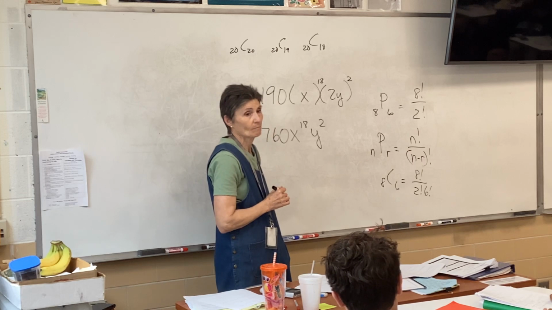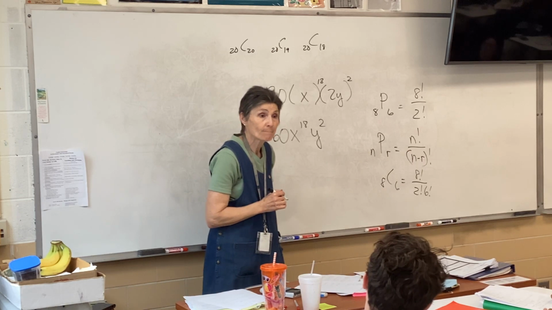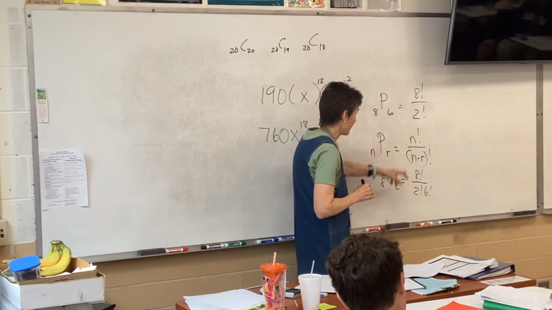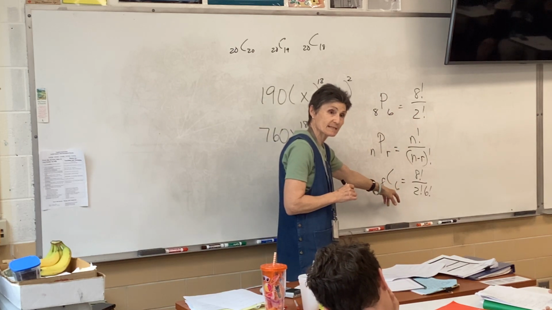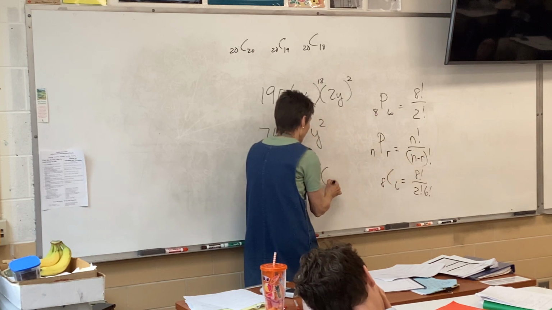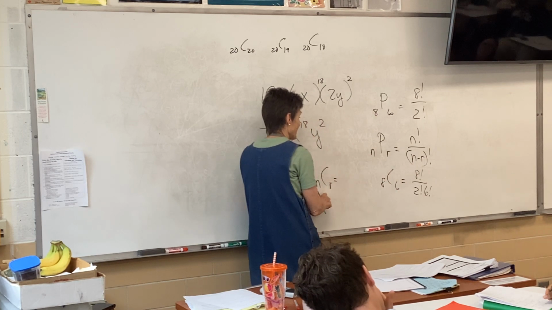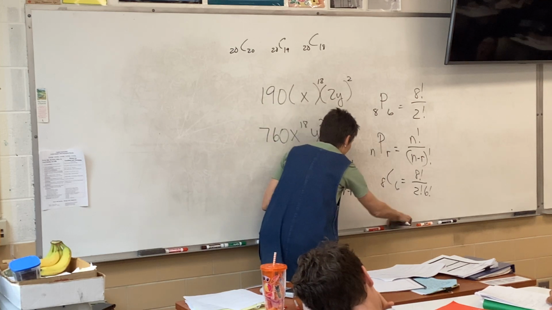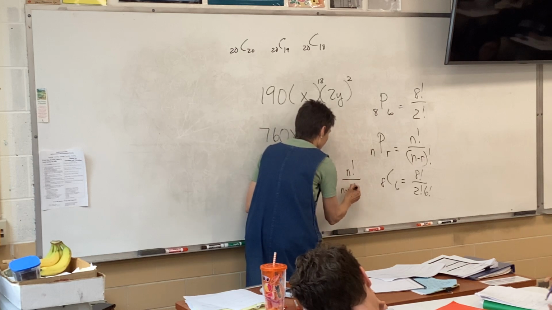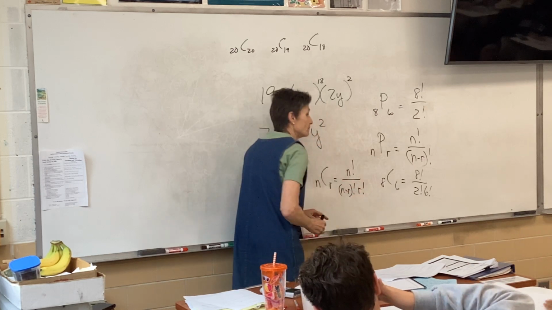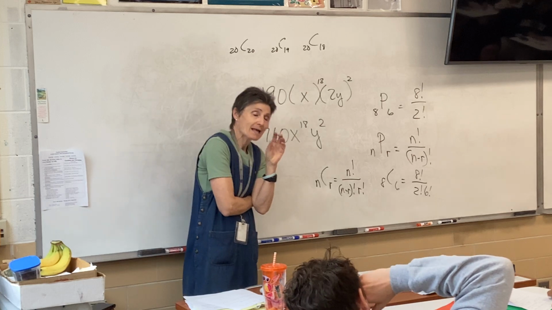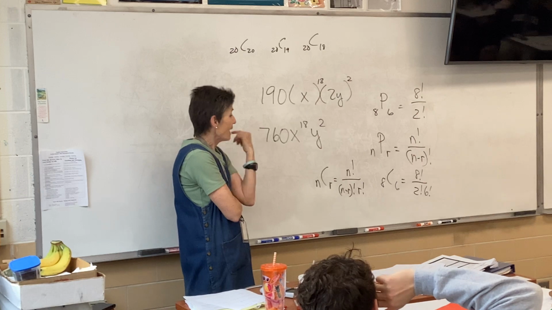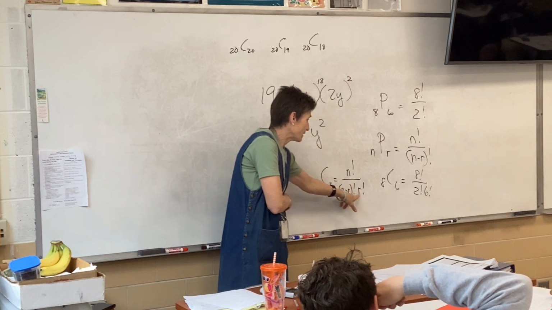Will the answer have a factorial in it? Do you keep the exclamation mark? No, not when you work it out. My general formula for combinations is n factorial over n minus r factorial, r factorial. So the formulas are exactly the same, except the combination formula has an extra r factorial in it.